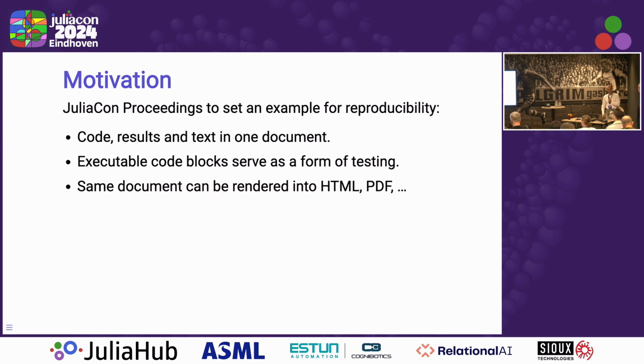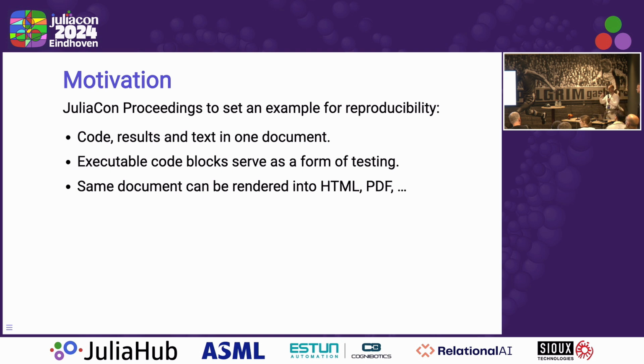So thanks. The motivation here is that, we've heard this already now, of course it's nice to have both your code, your results, and your text all in one document. Quarto has support for executable code blocks.